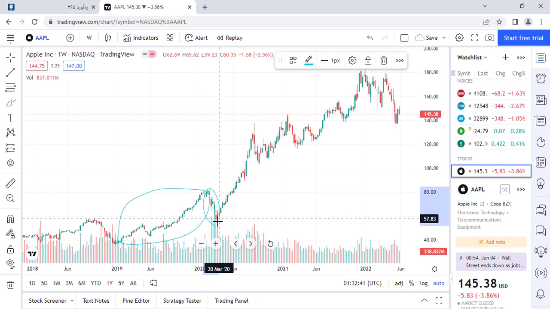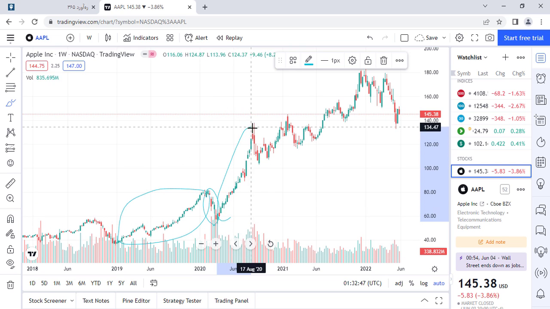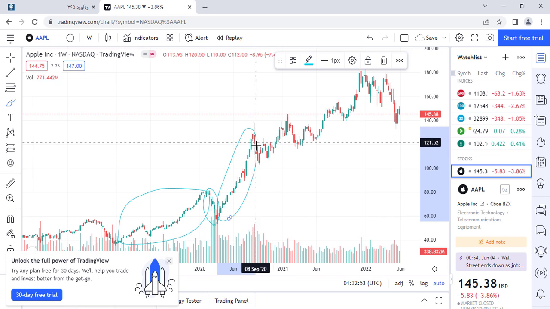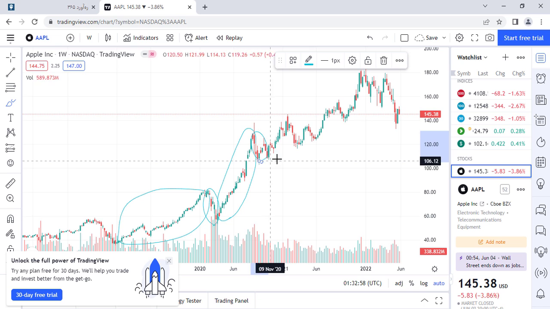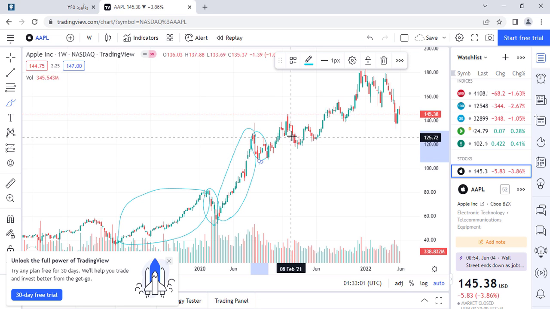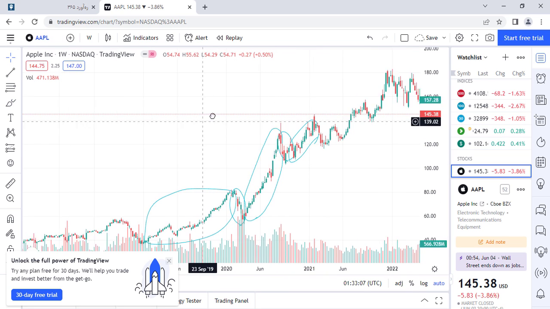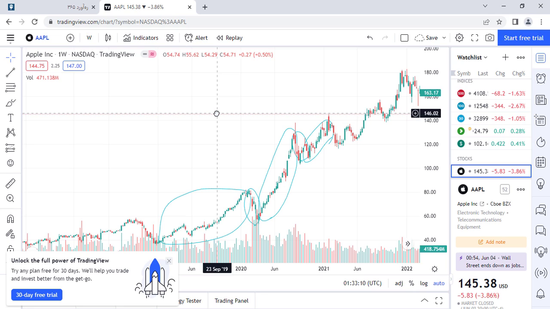Here to here is another minor movement. Here to here is another minor movement. This decreasing part is another movement. Here to here is also another minor movement. You can see we have lots of minor movements. A smaller part of a major movement, we call it minor movements. And also we have micro movements.